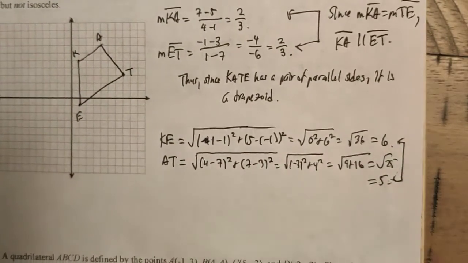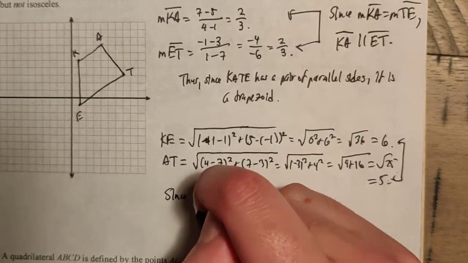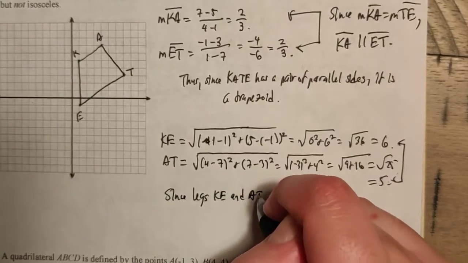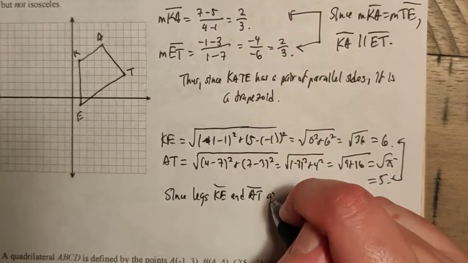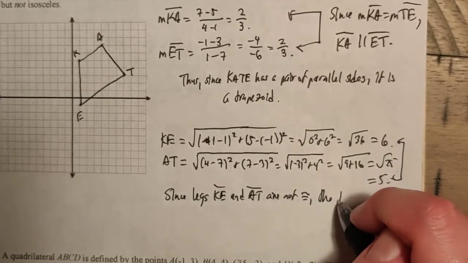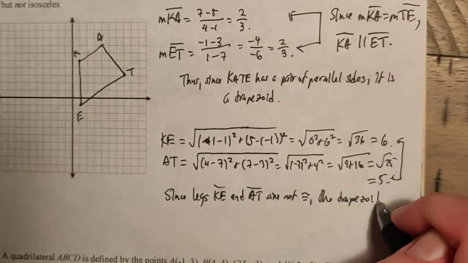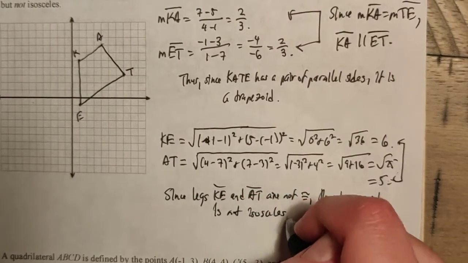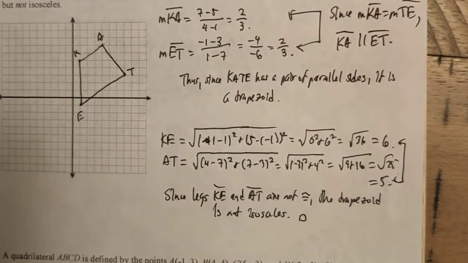So we note that since legs KE and AT are not congruent, the trapezoid is not isosceles. And we can draw our little tombstone here to finish the problem.